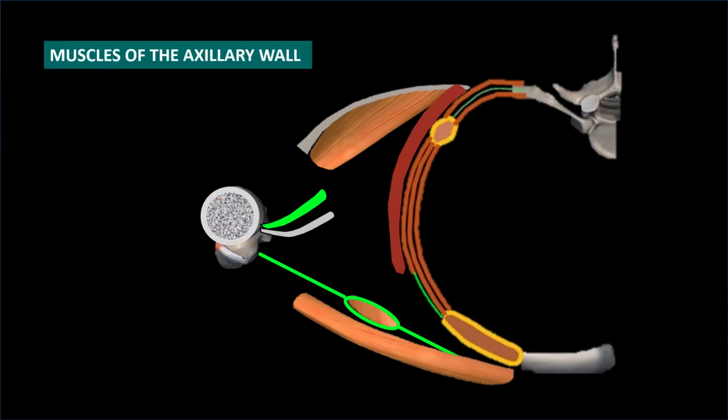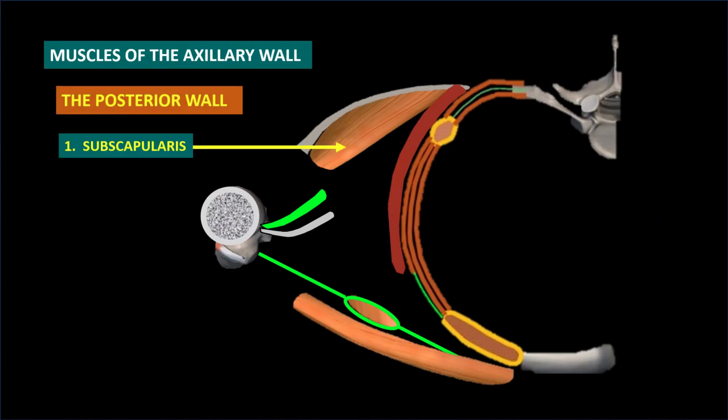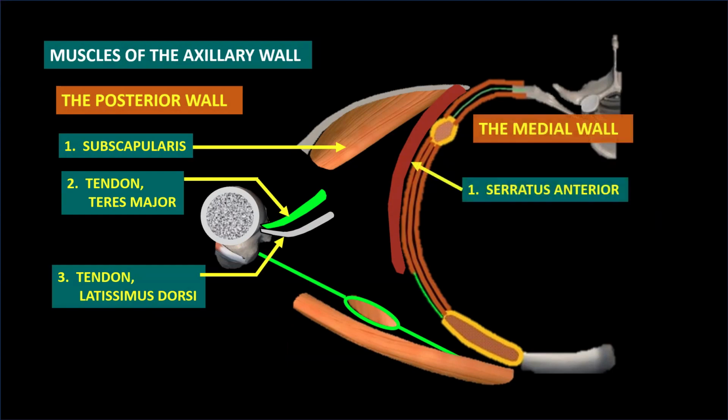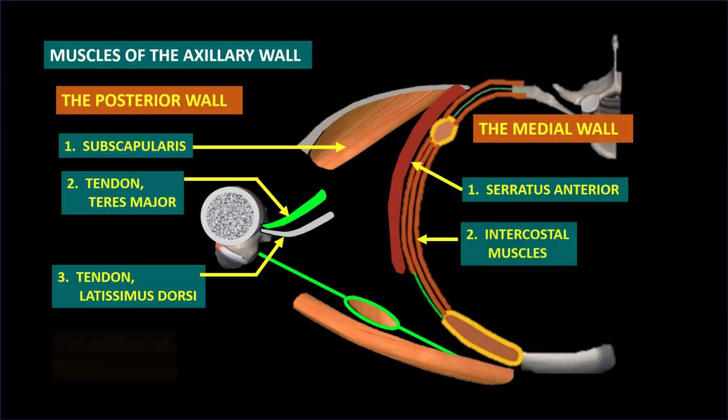Muscles of the axillary wall. The posterior wall. 1. The subscapularis. 2. Tendon of the teres major. 3. The tendon of the latissimus dorsi. The medial wall. 1. Serratus anterior. 2. The intercostal muscles.